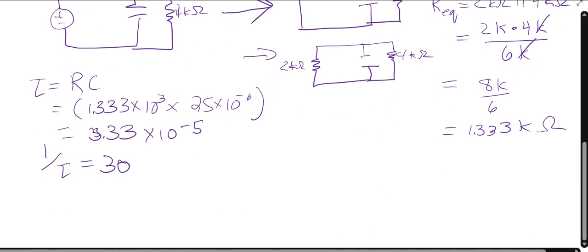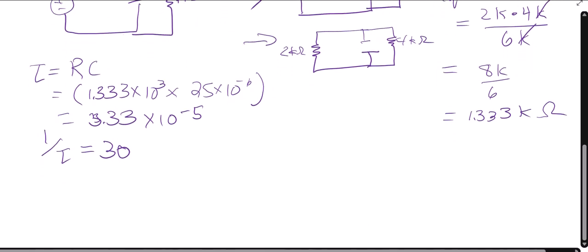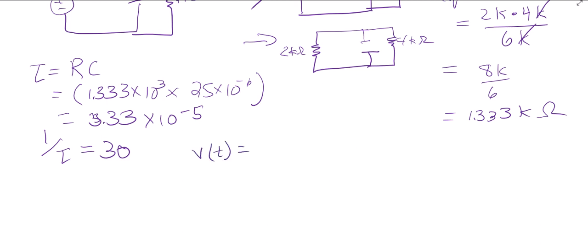Okay, so now we have all that we need for writing our voltage. So V of t equals VC at infinity, which was 10.67, plus VC at 0, which was 12, minus VC at infinity, which was 10.67, times e to the minus 30,000t.